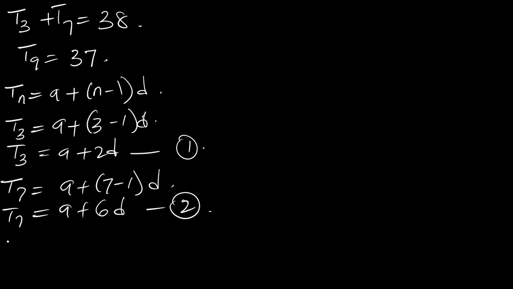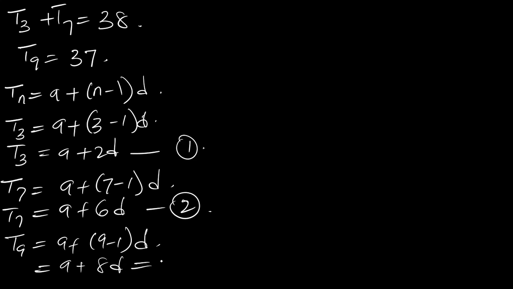The ninth term is equal to a plus bracket open 9 minus 1 times d, which is equal to a plus 8d. And this is equal to 37 according to this expression here.